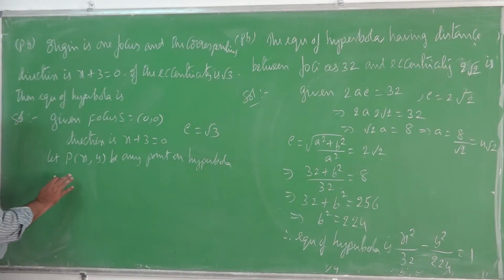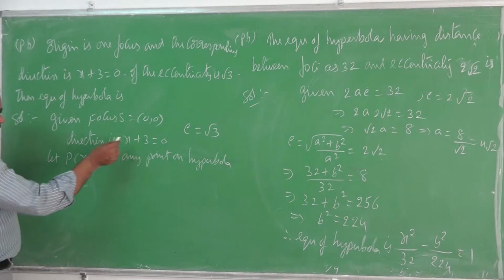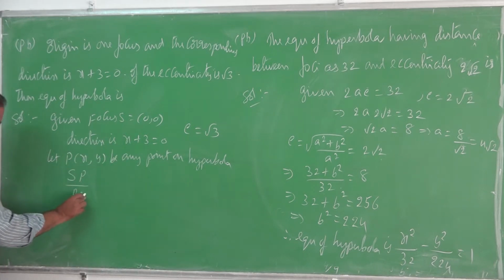In any conic, the distance of this point from the focus and the distance from the directrix are in constant ratio. That ratio is called eccentricity. This is common for any conic. SP by PM is equal to E. See the diagram.